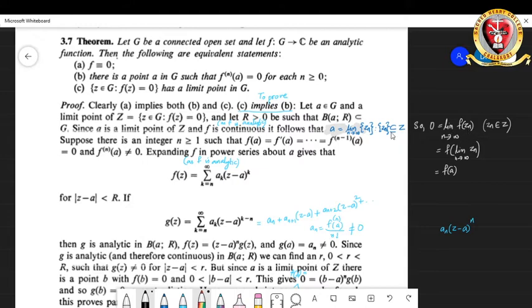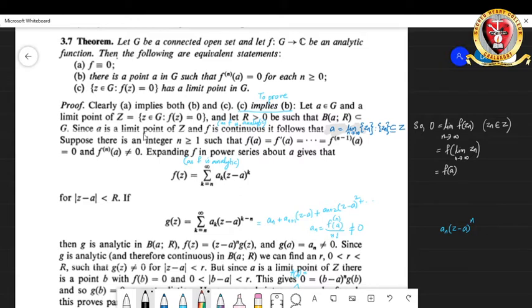Because z_n's are coming from this Z, so f of z_n will be 0. That is equal to f of limit n tends to infinity z_n, because f is continuous. We can do that. That limit will be a, so that is equal to f of a. So what you got is 0 is equal to f of a. That means a belongs to this set, that is a belongs to Z.